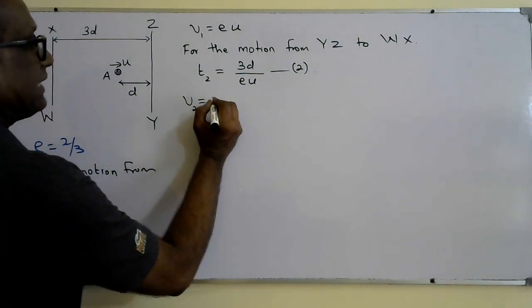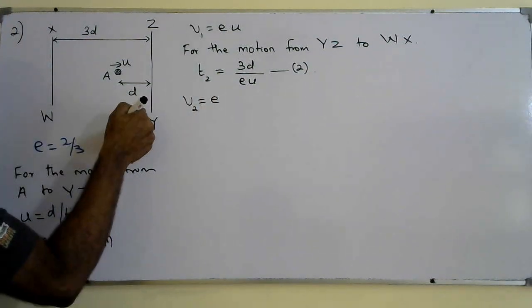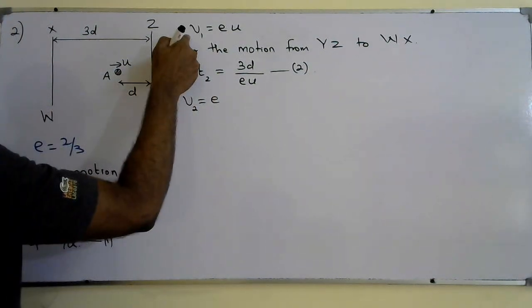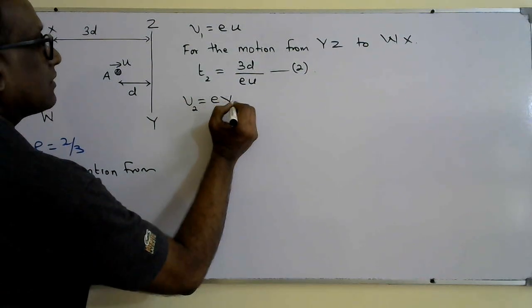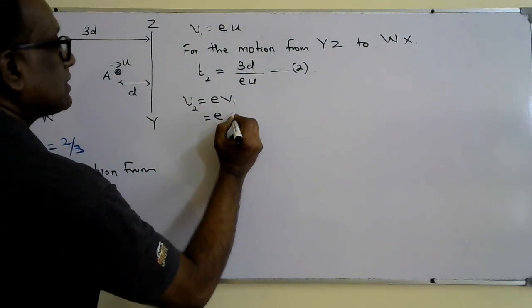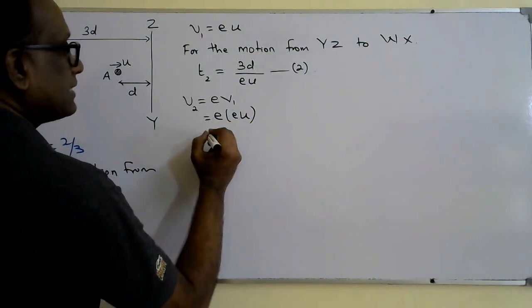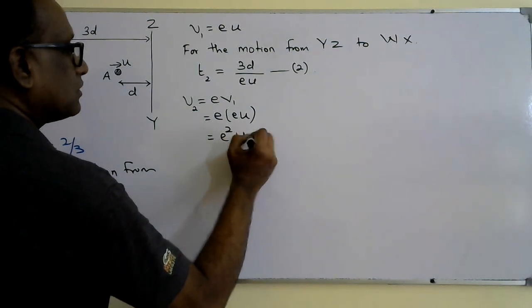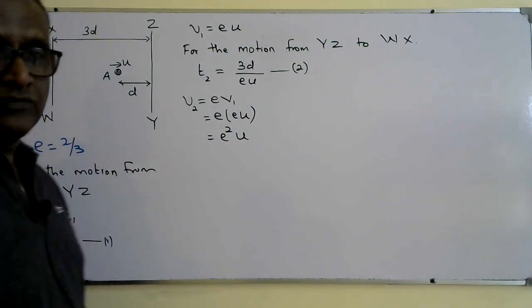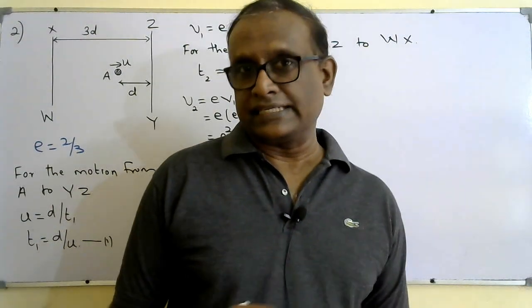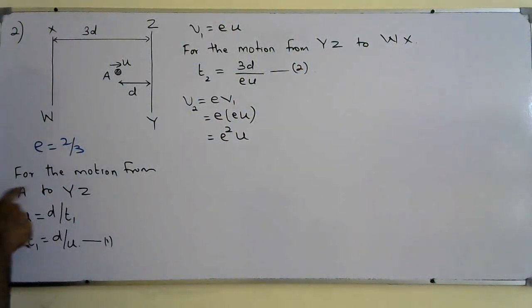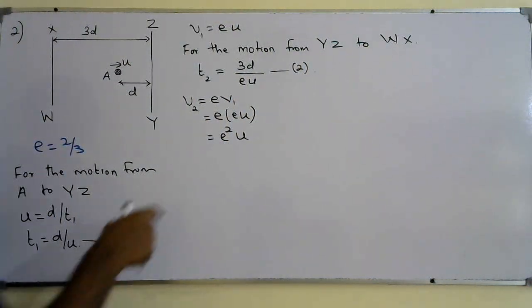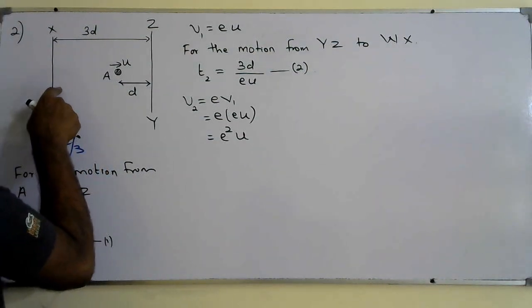That is equal to E times speed of approach. It's approaching WX with v1, so v2 is E times Eu, that is E squared u. We'll substitute the value of E later; E is given as 2 by 3. So it has to travel from WX to A.